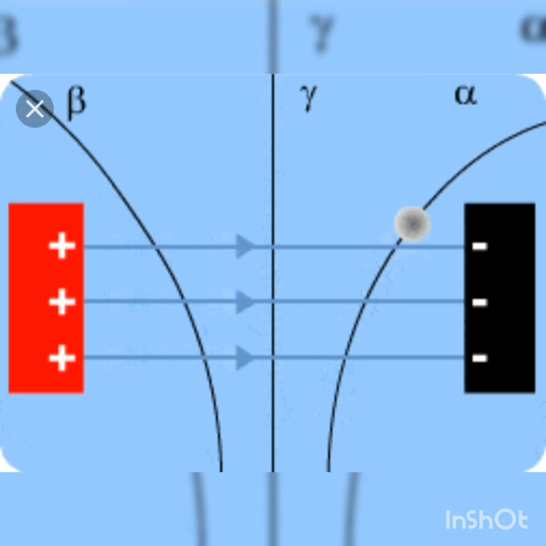The deflection of alpha particles is less than that of beta particles because alpha particles are heavier than beta particles, so they are deflected less.